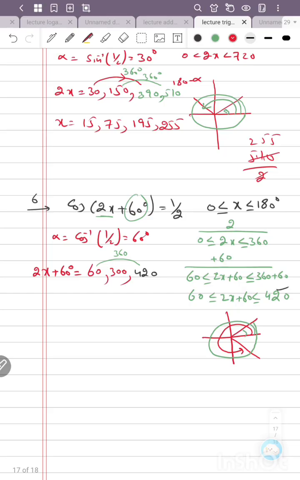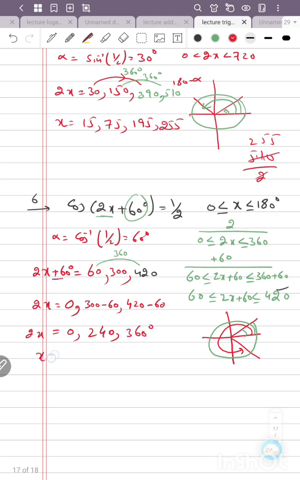Okay, now actually we need the answer only for x. How do we convert 2x plus 60 into x? First of all, we subtract 60, because this 60 is positive and on the other side it will be negative. 60 minus 60, we get 0. 300 minus 60 is 240, and 420 minus 60 is 360.